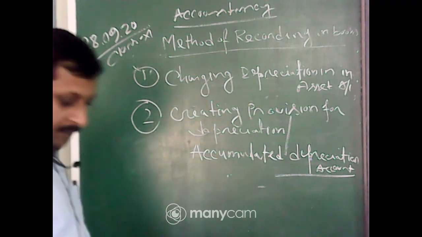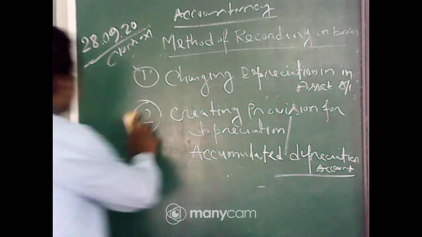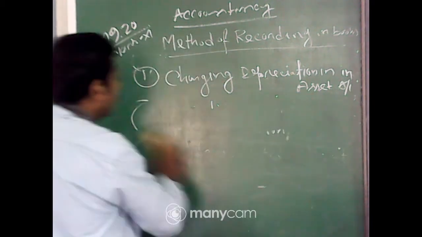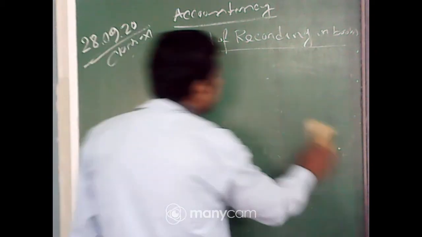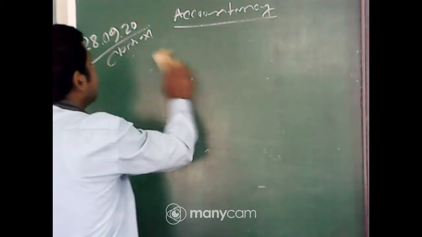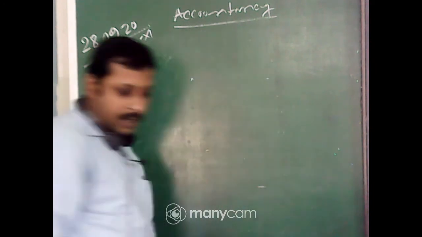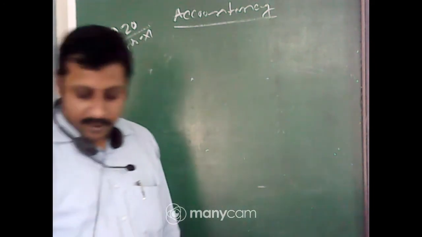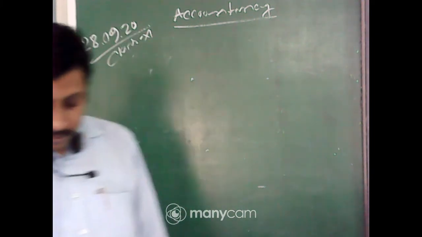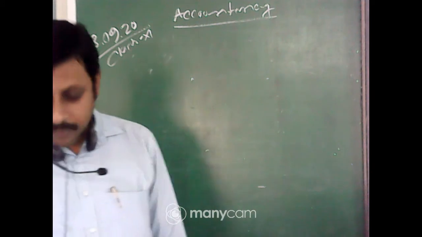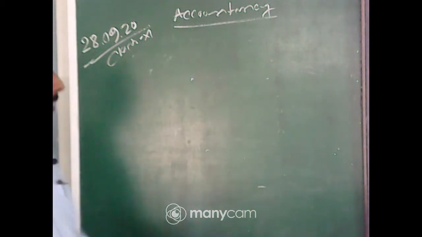Okay. Now, one more thing is important. That is the method of recording in books, how we record the depreciation. Now, another thing is the method of calculating depreciation amount.